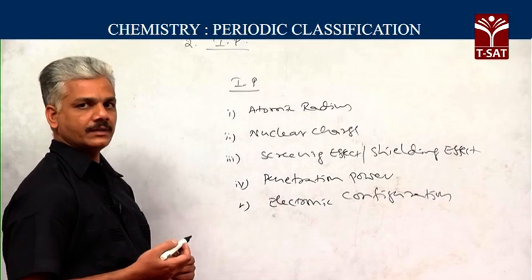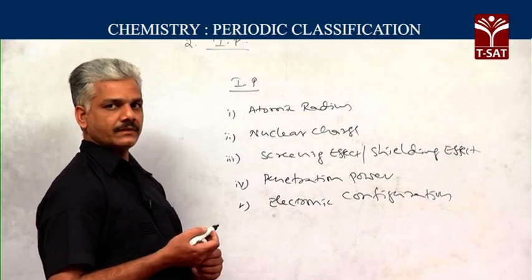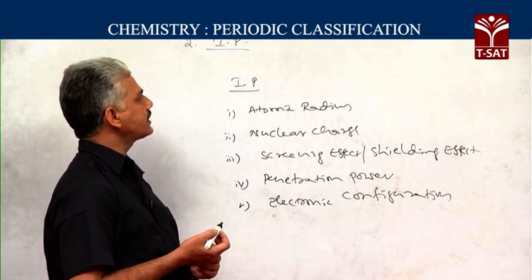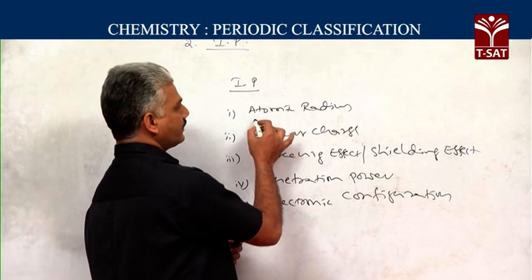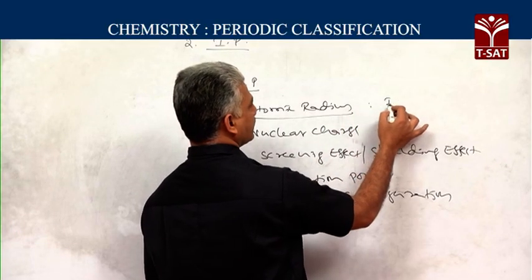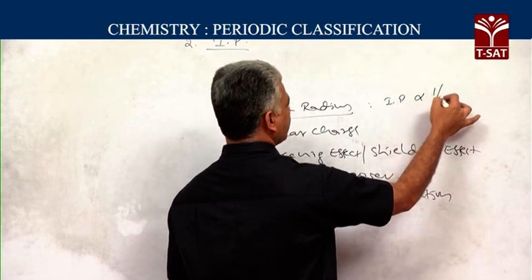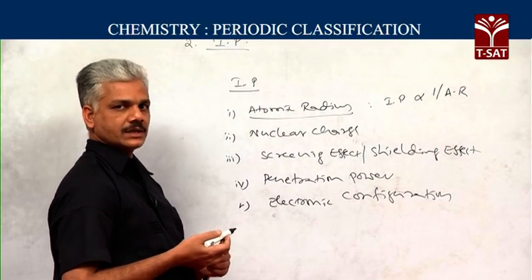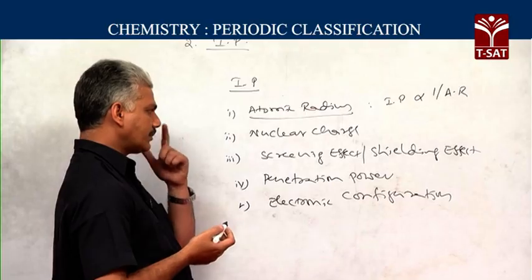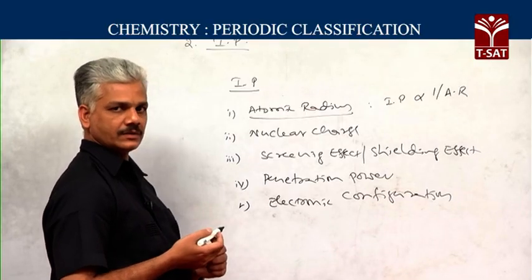With increase in atomic radius, nuclear force of attraction decreases and hence ionization potential value also decreases. Therefore, atomic radius and ionization potential, they are inversely proportional to each other. Nuclear charge, it corresponds to the number of protons present inside the nucleus.